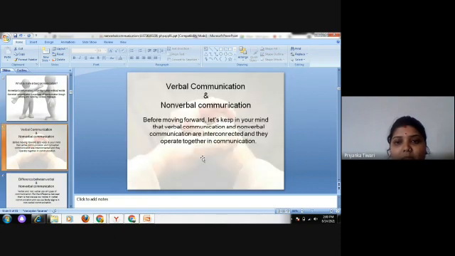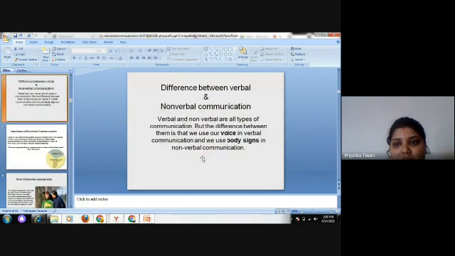Before moving forward, let's keep in mind that verbal communication and non-verbal communication are interconnected and they operate together in communication. Verbal and non-verbal are both types of communication, but the difference between them is that we use our voice or body signs.